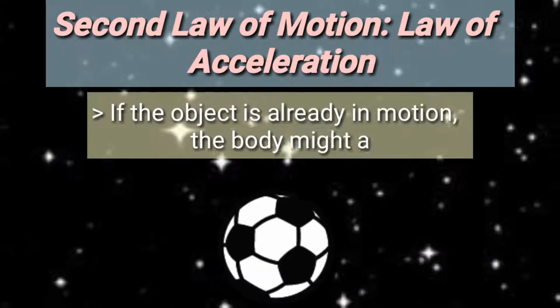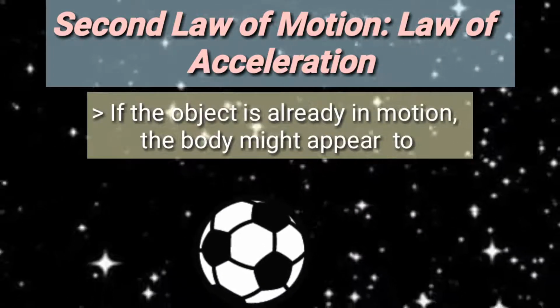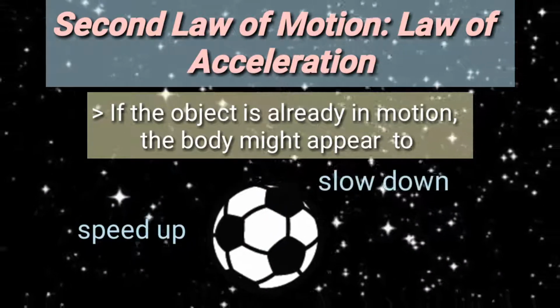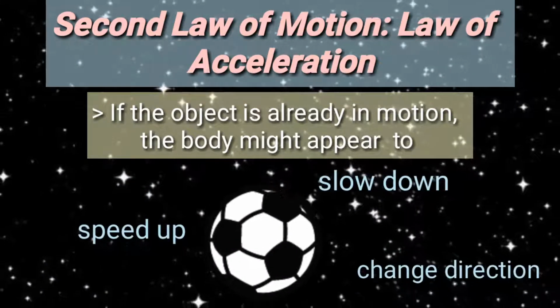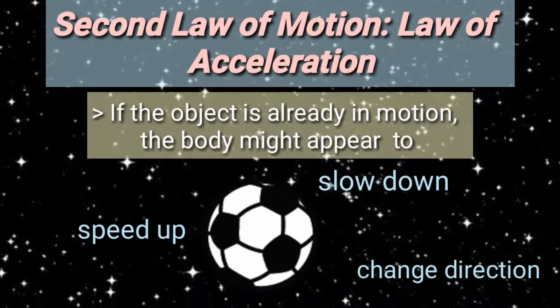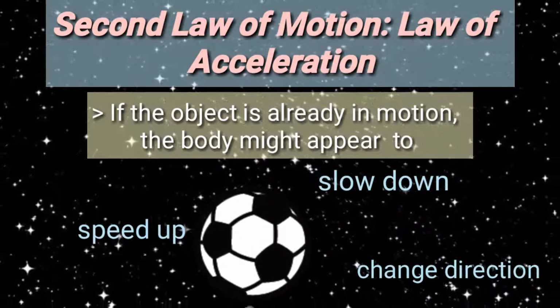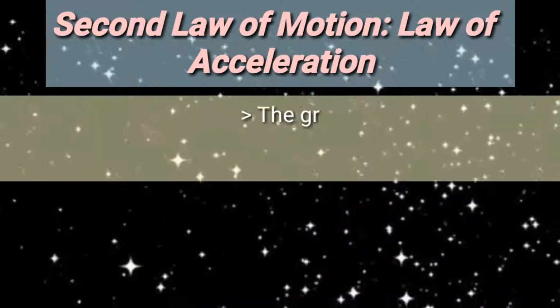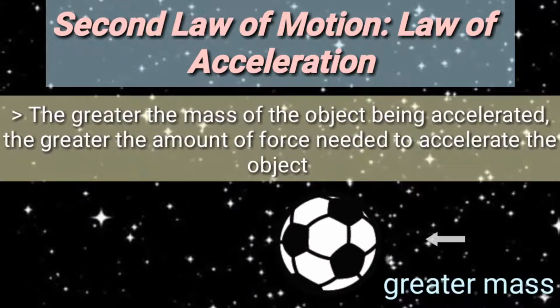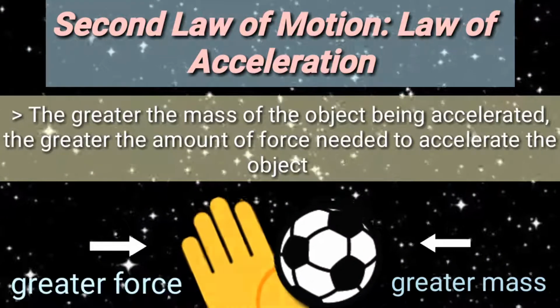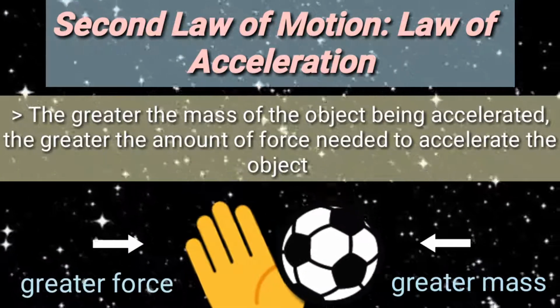However, if the object is already in motion, the body might appear to speed up, slow down, or change direction depending on the direction of the force and how the object and the reference frame are moving relative to each other. This law also says that the greater the mass of the object being accelerated, the greater the amount of force needed to accelerate the object.